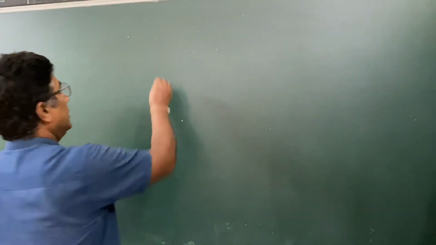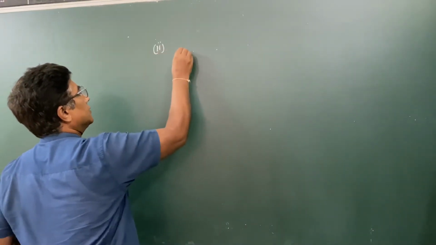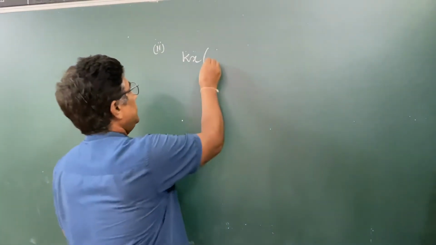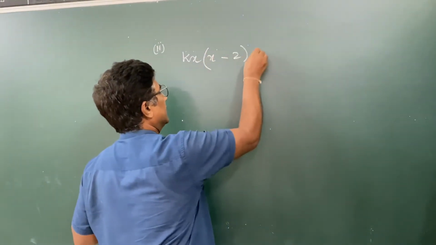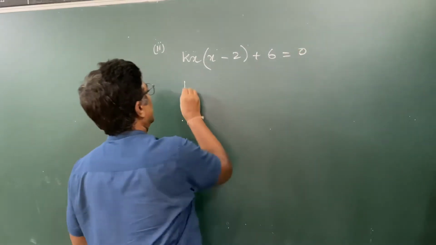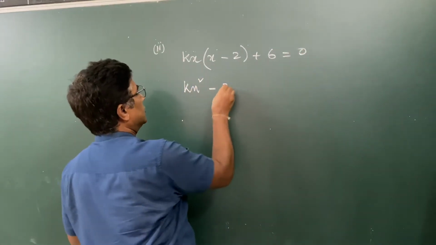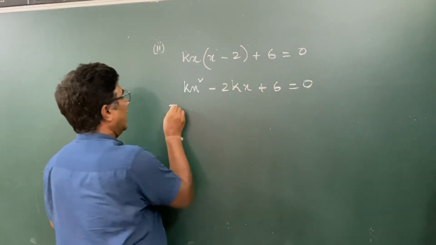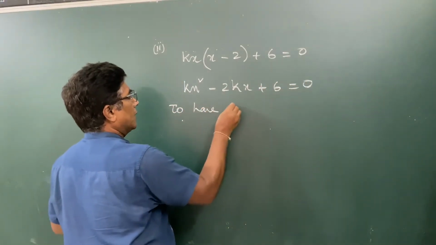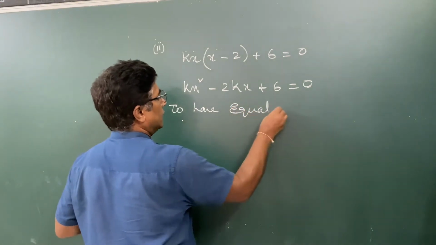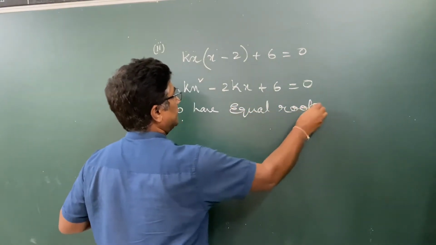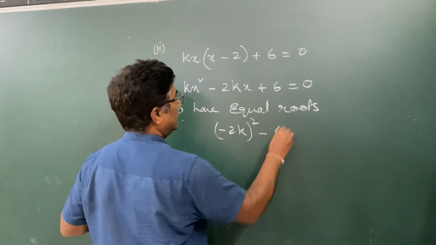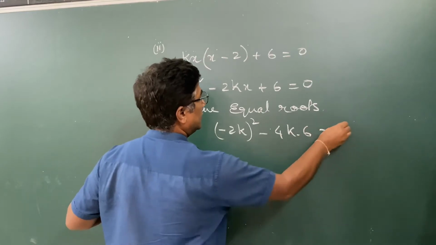I am doing the second one. They told you kx into x minus 2 plus 6 is equal to 0. So you get kx square minus 2kx plus 6 is equal to 0. To have equal roots, b square minus 4ac should be equal to 0.